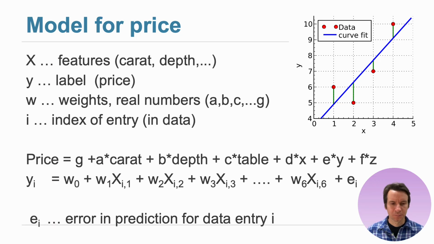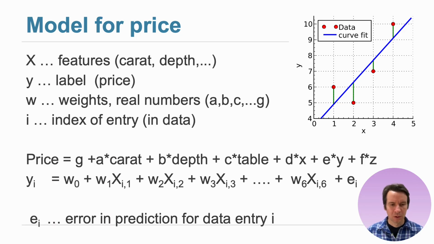If you look at the way I wrote price equals this linear combination of carat, depth, table, it doesn't have any e_i in it, right? That's what I would like to happen, but maybe it is not really linear. We are also forgetting some of the features. So the price, that I know what the price is, will be the linear combination of the x_i's, and there will be the e_i. e_i is like the error, how much the prediction is off, right?